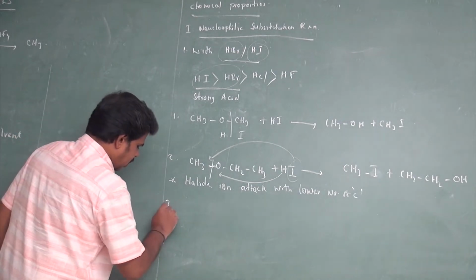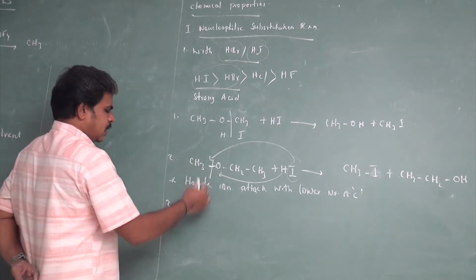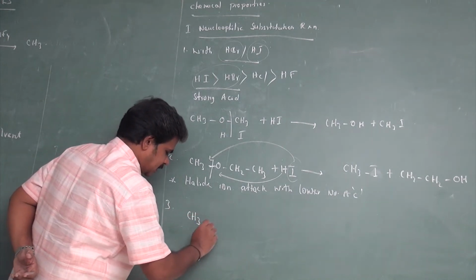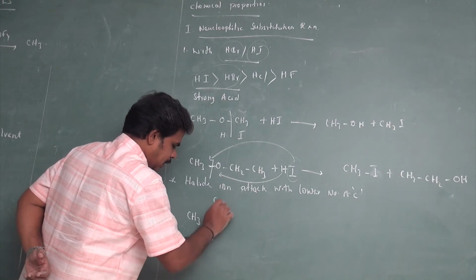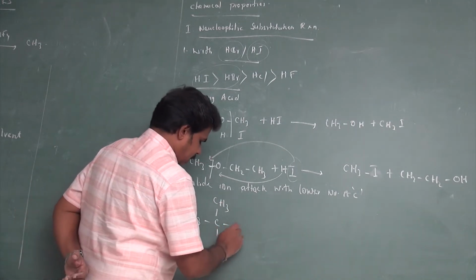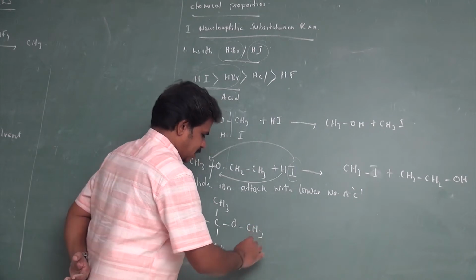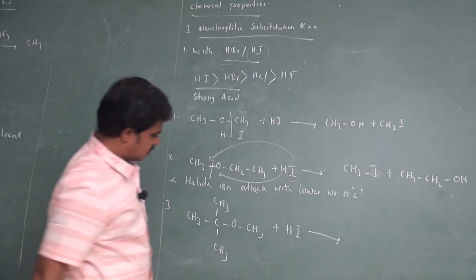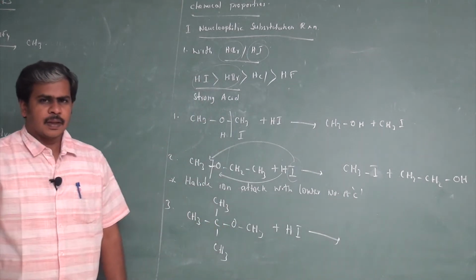Now, if you take an ether that contains a tertiary group, here CH3, C, CH3 and CH3, then O and CH3, reacted with HI, then what is the product? Find out the product.